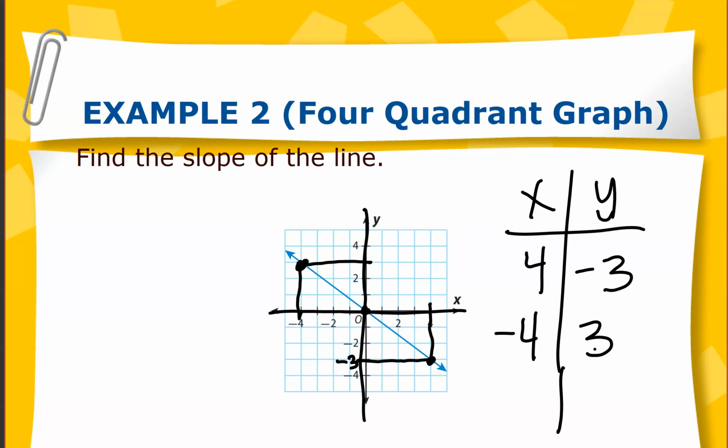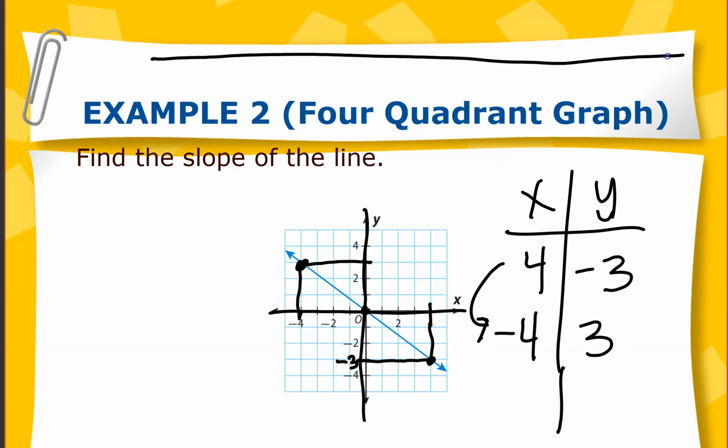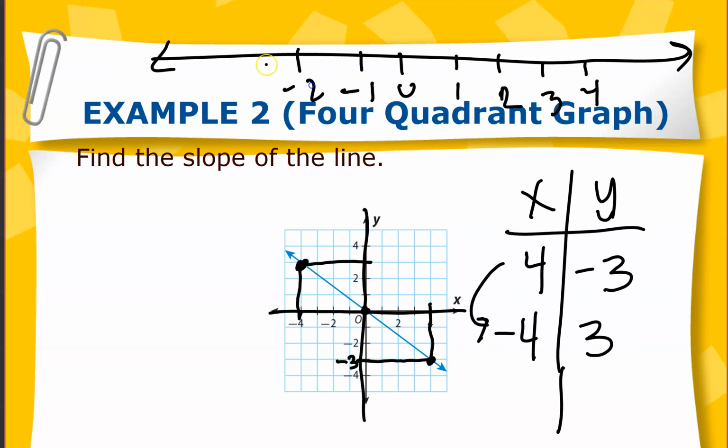Now we can find your change. How much did my x change and how much did my y change? From 4 to -4, please do not get confused. If you need to draw a number line, draw a number line. So 0, 1, 2, 3, 4, -1, -2, -3, -4.